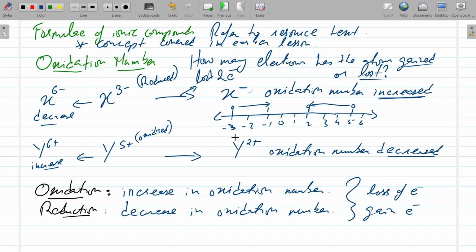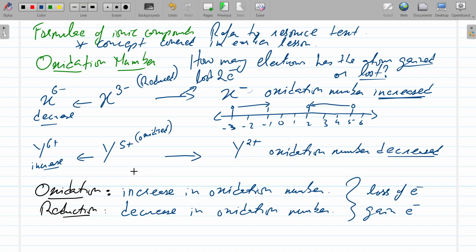Make sense? And then look at the Y. Whatever atom Y is, it had an oxidation state of +5. That means it had lost 5 electrons. And it went from +5 to +2. So what happened? If it had lost, it would have become a greater value in the positive. It would have gone from +5 to +6 maybe, or +7.